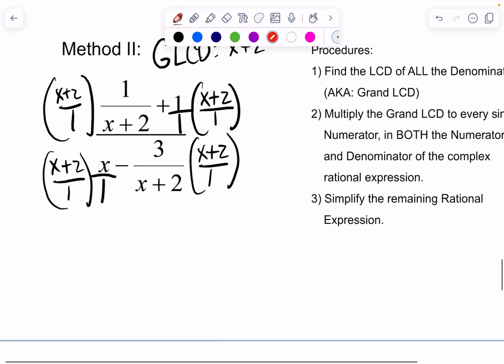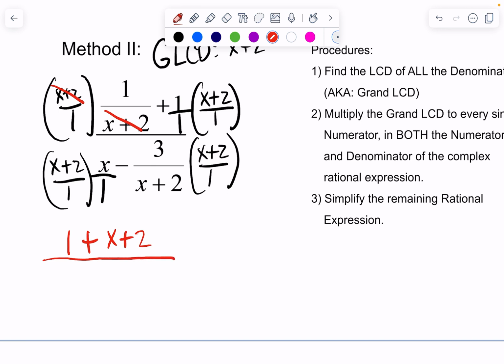Okay, so what do we got here? The x plus 2's cancel here in the numerator and denominator, leaving me with 1 plus, distribute that 1, so I've got x plus 2 over, I'm going to distribute this x, giving me x squared plus 2x.